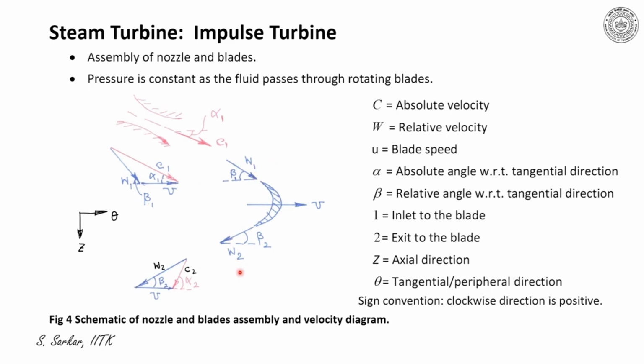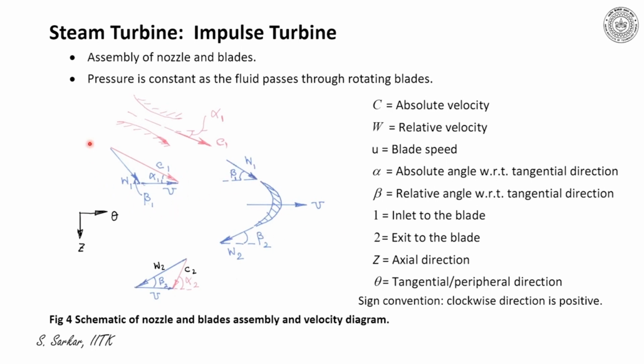With respect to the rotating blades, W1 be the relative inlet velocity and W2 be the relative exit velocity. That makes an angle beta 1 and beta 2 respectively. Z indicates the axial direction and theta be the peripheral direction.